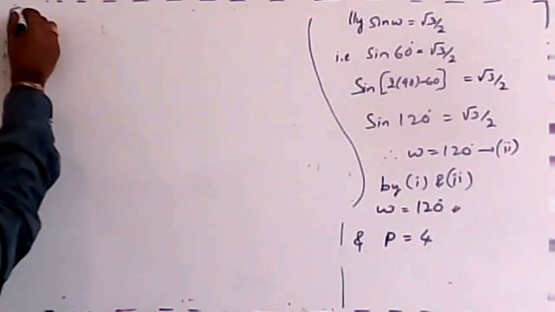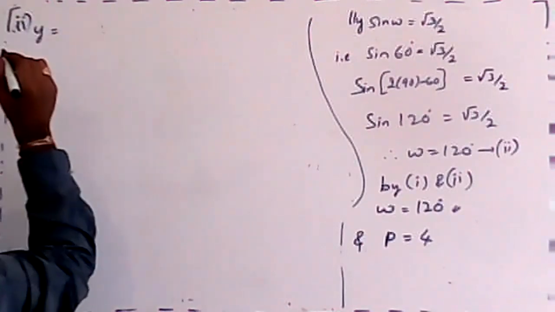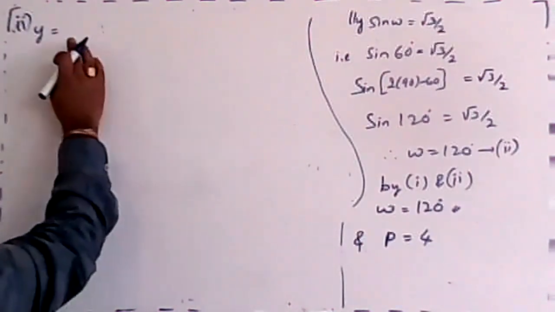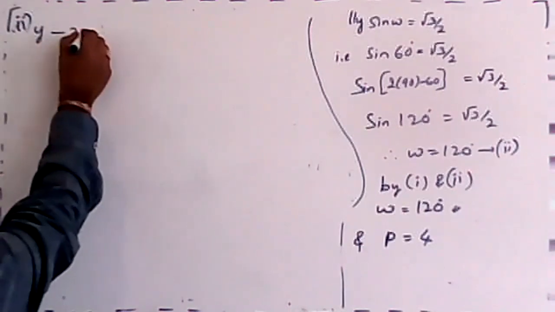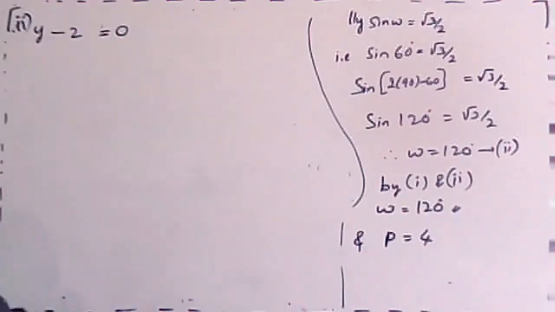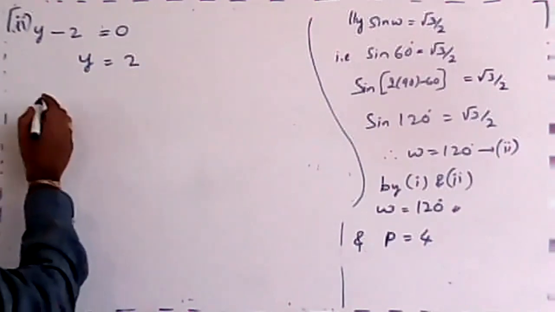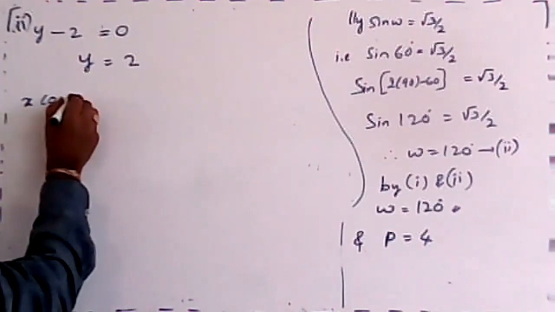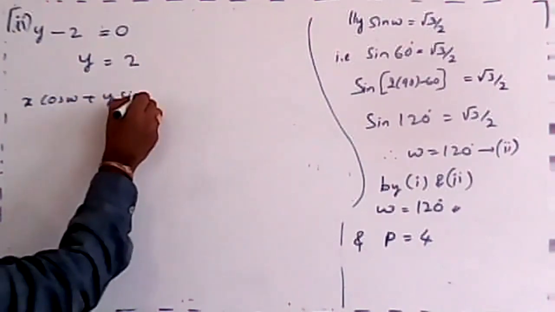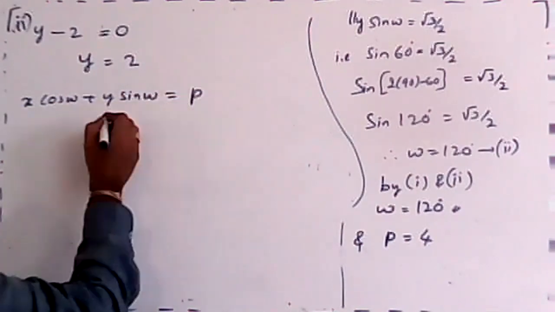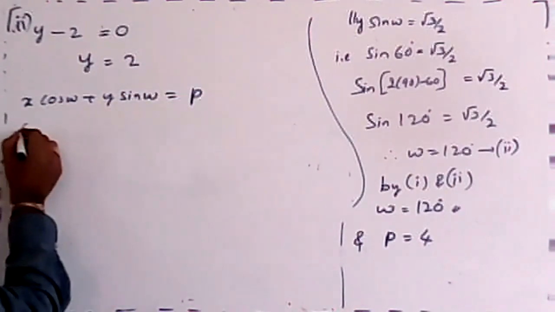In the third main, second problem, y minus 2 is equal to 0 they have given. So write it again in the form x cos omega plus y sin omega is equal to p.